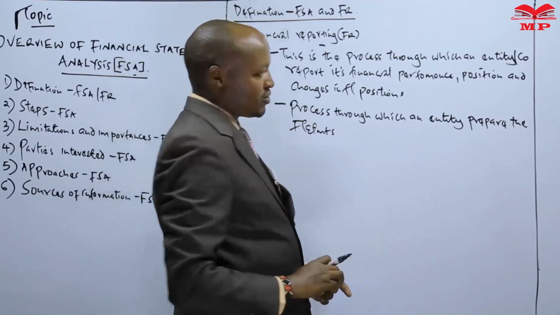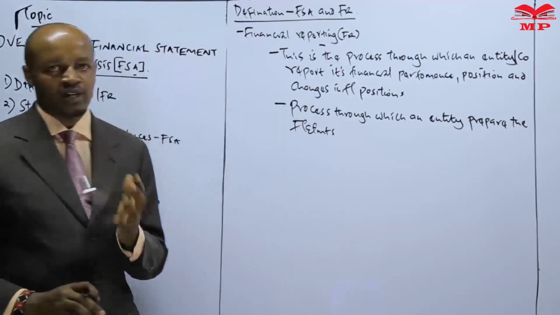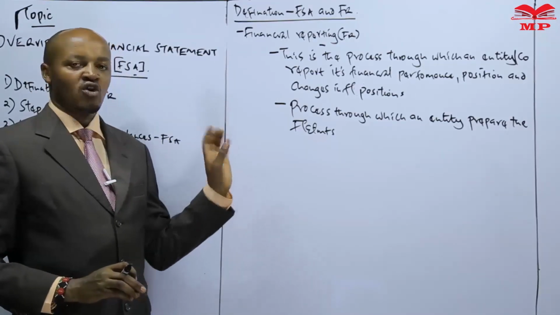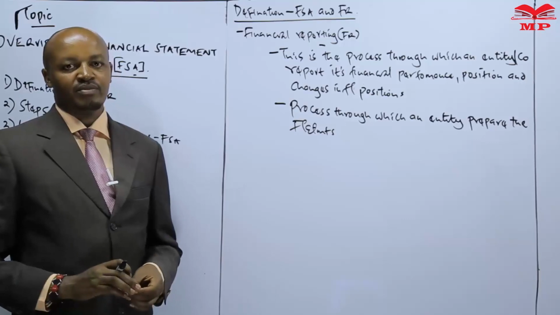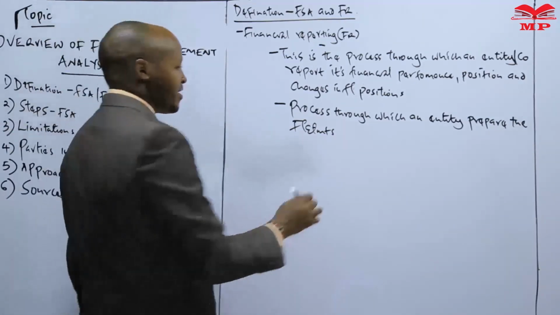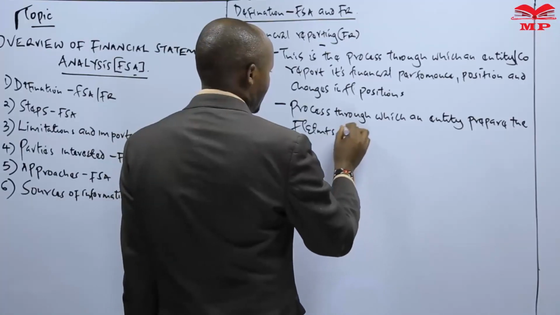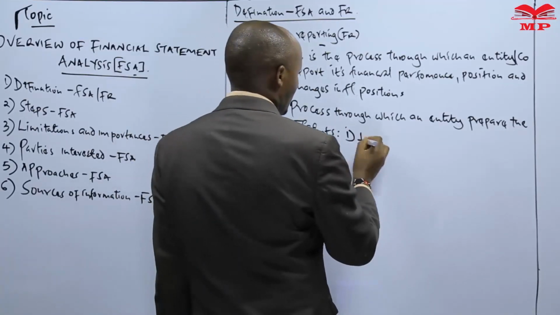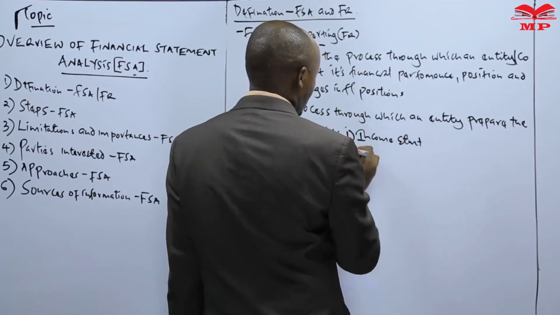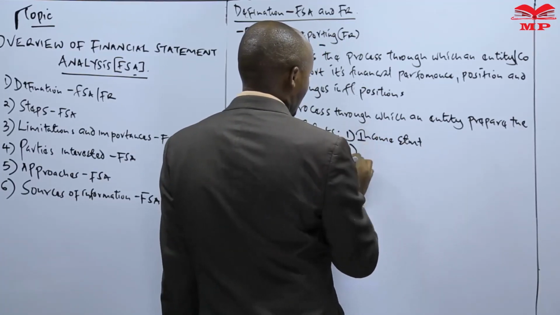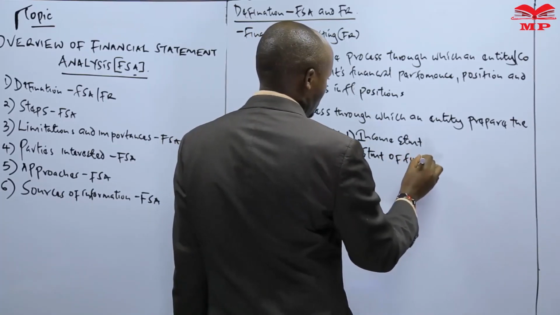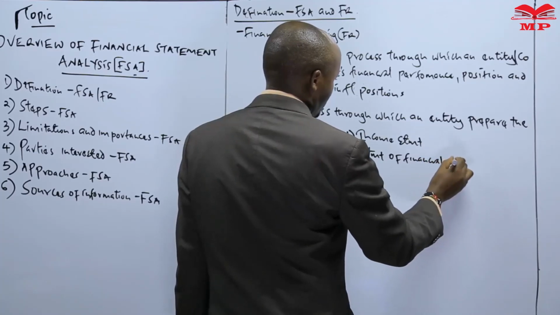Now, what you also need to remember here, what you did in CFA Section 1, you looked at the various components of the financial statements prepared by a company or by a business entity. In this case, when we talk about the financial statements, we are talking of number one, what is referred to as the income statement, and number two, the statement of financial position.